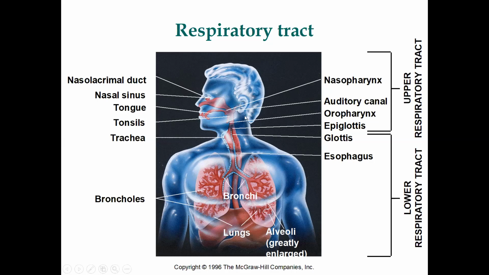Now, epiglottis, this is the one, you have a very soft bone there, which can separate between the lung and also the esophagus, which goes to the stomach. Okay, so that's why your mom will tell you, when you eat, you don't laugh, you don't talk, because the epiglottis, the soft bone, may be either closed or open.